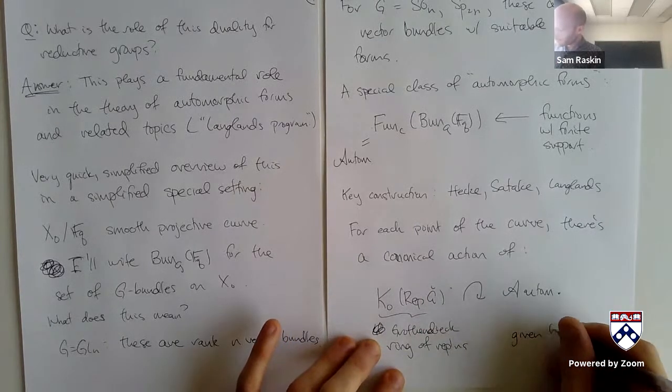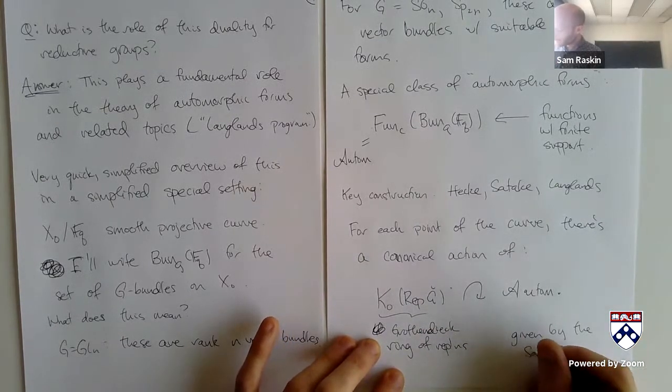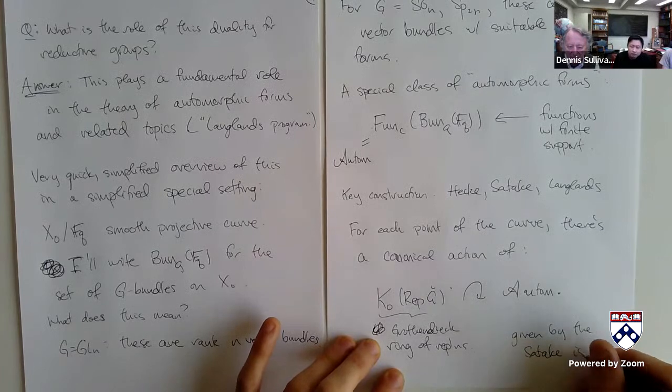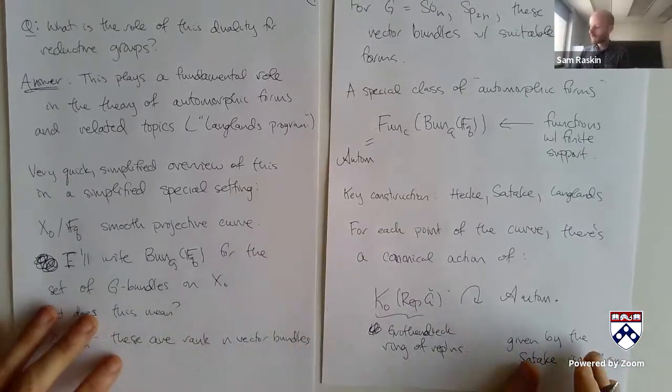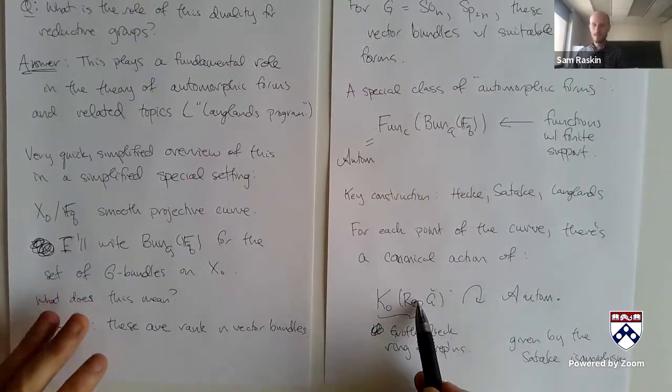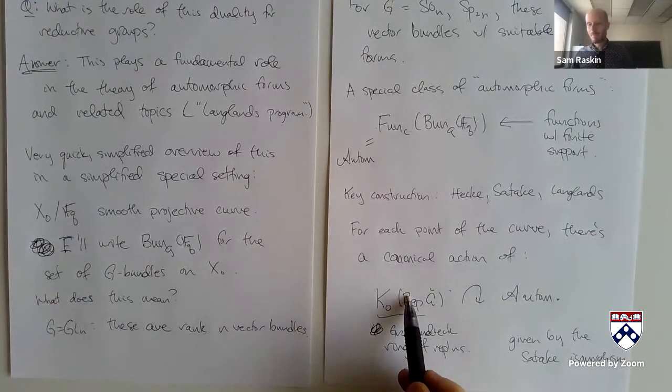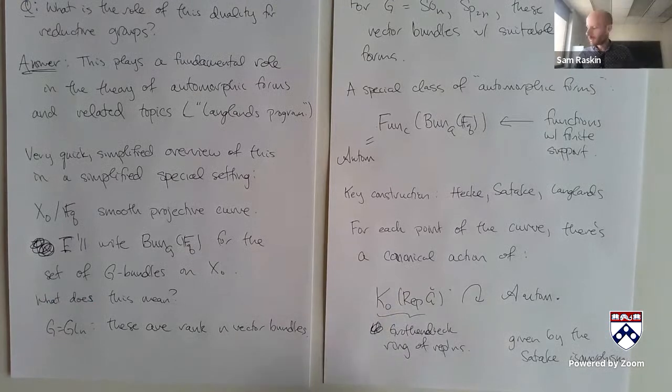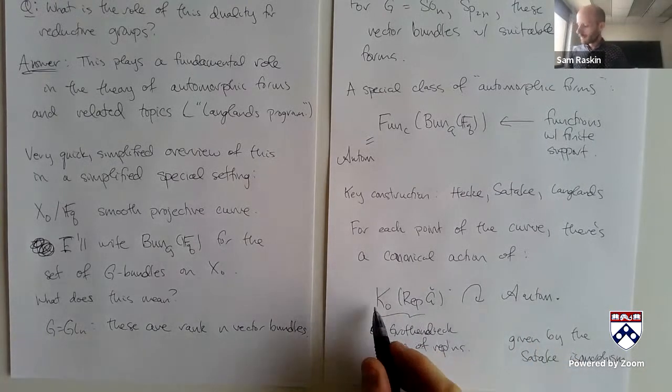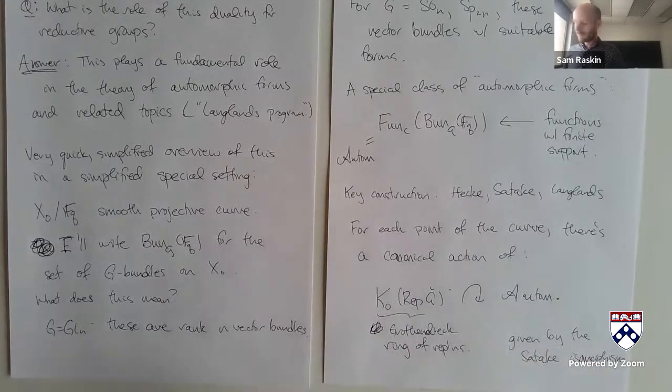This is given by the Satake isomorphism. This is a vector space of functions, and this is just an algebra. I'm saying that this space is naturally a module for this algebra. Maybe I should tensor up with, I'm not being careful about my fields because it's a distraction. And this is really a ring over Z.